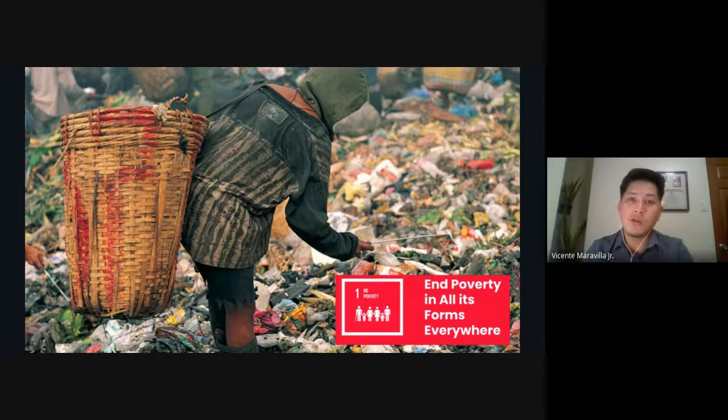Also, including them in the development of products and tourism services. With tourism, it might not alleviate poverty in one snap, but it does its work by slowly alleviating poverty. So it's like slowly but surely. Okay, so that's for SDG number one, no poverty.